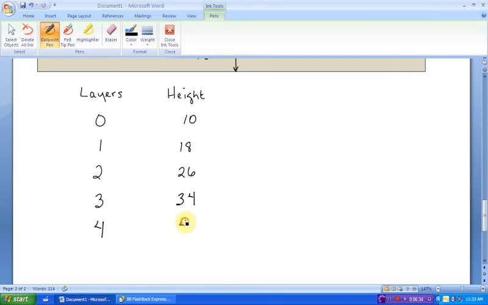So what we have here is we start out with 10 inches and 0 layers of bricks, 10 inches plus 1 layer of bricks, which would be 1 layer at 8 inches.